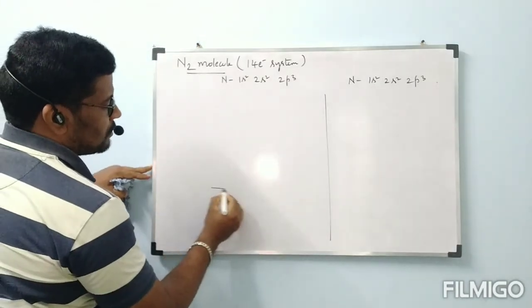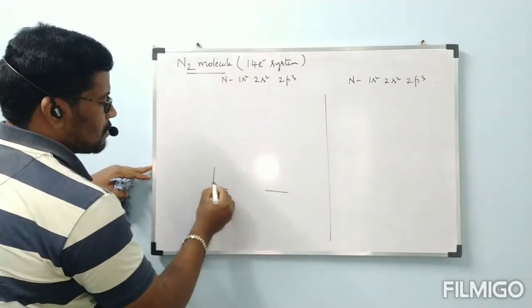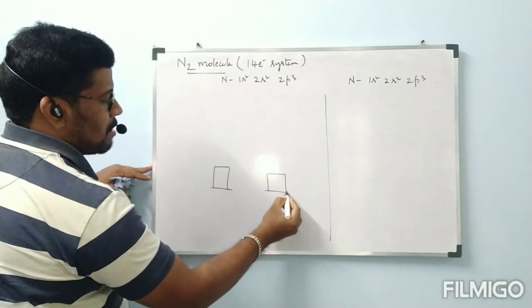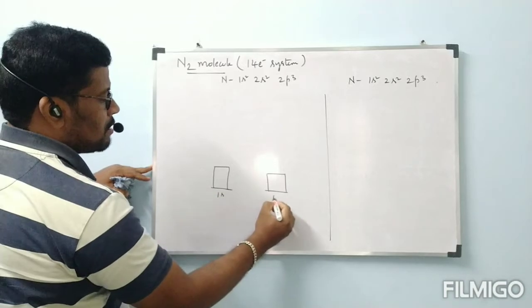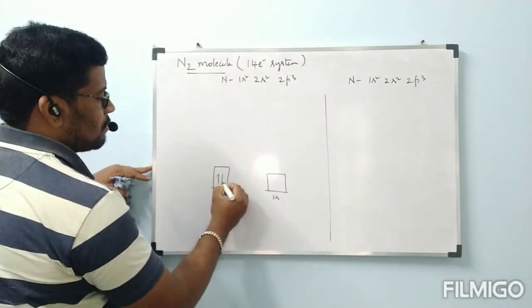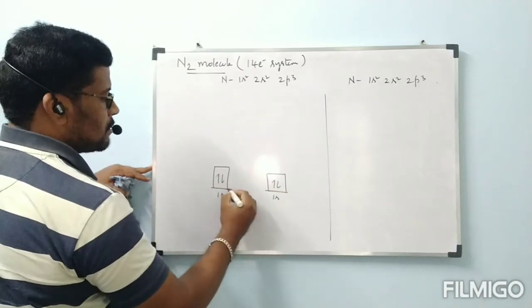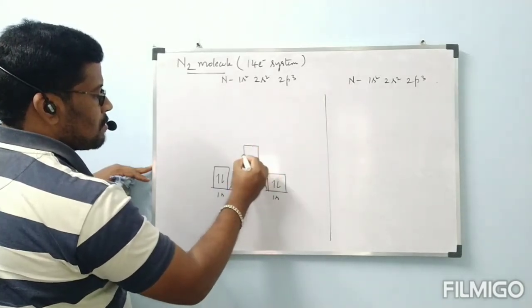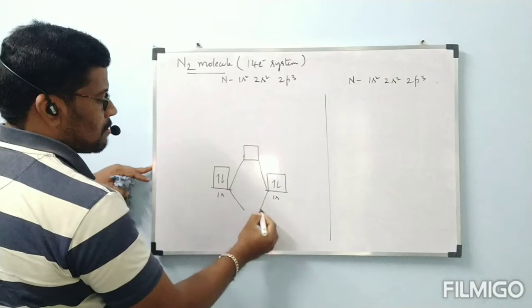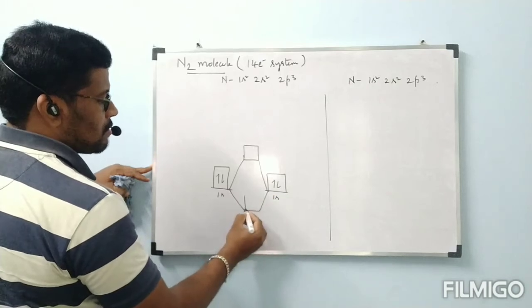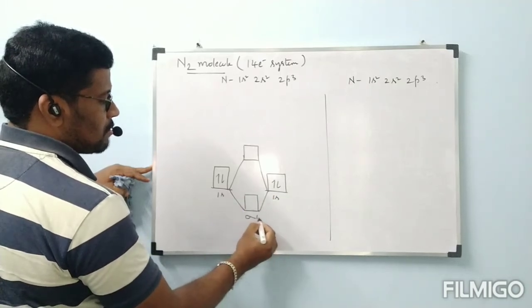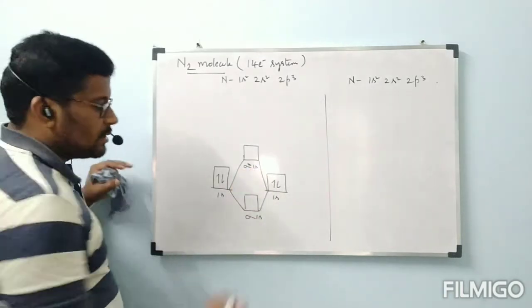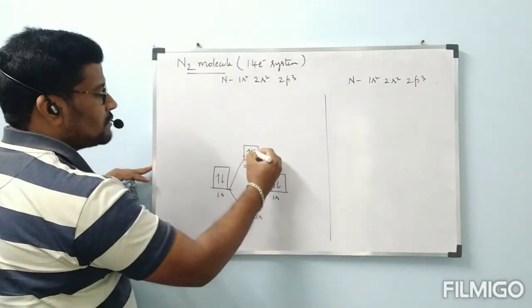So we will show sigma 1s, sigma star 1s. 2 electrons will be here, 2 electrons will be here.